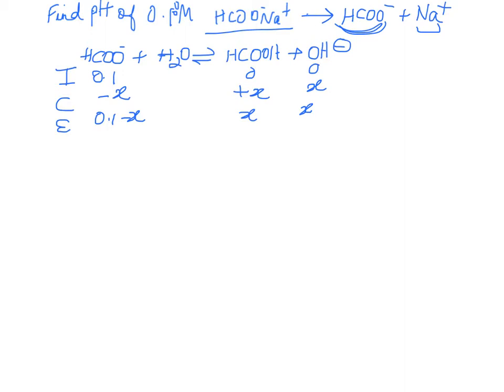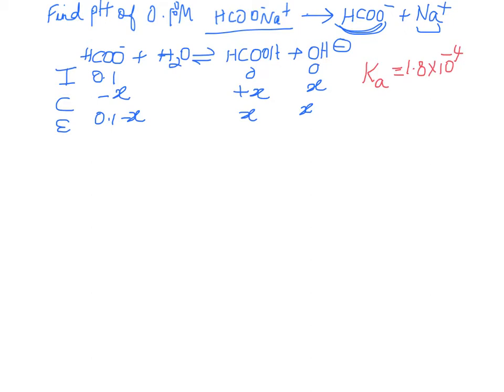Realize it's not necessary that you would be given a Kb value for a certain anion all the time. Sometimes you could be given a table of all the Ka values, and the Ka value that's given for formic acid is 1.8 times 10 to the negative 4th.